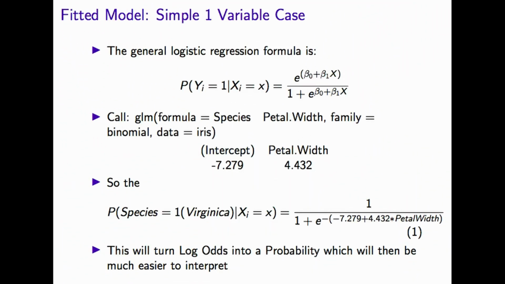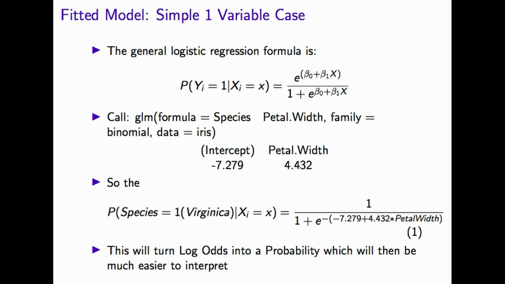So we're moving on to the fitted model with just a simple one variable case. The general logistic regression formula is with probability that yi equals 1 given xi equals x is as follows right here. And we will use the call right here in R, and this will yield an intercept of negative 7.279 with petal width having a slope of 4.432.